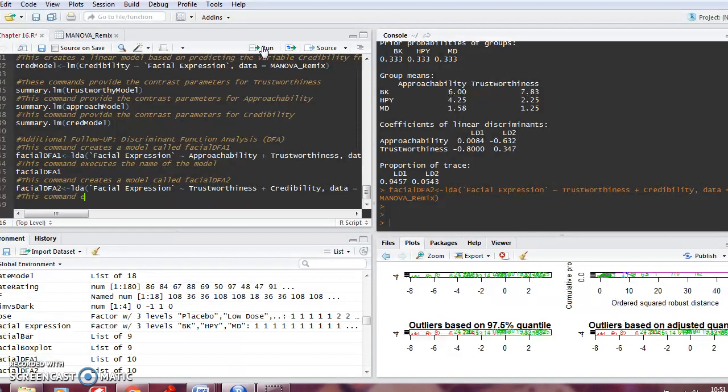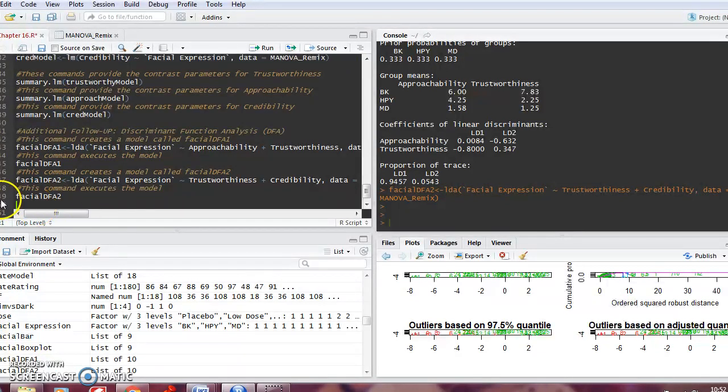This command executes the model. Let me take that off too while I'm thinking about it. So facial DFA 2. Then we're going to run that.